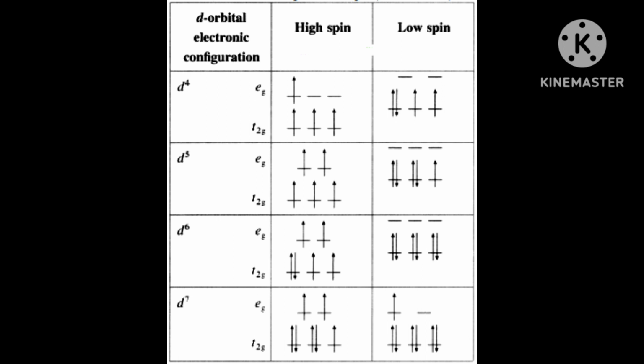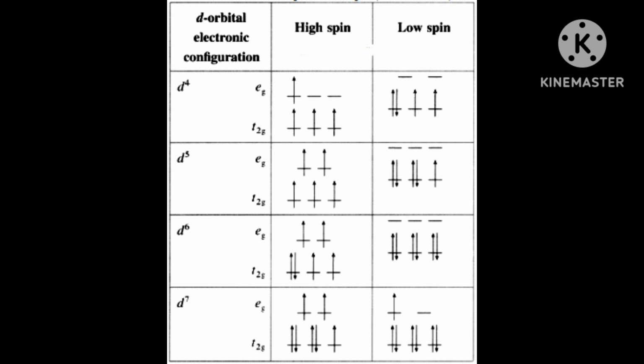And the last 3 orbitals out of 5, dxy, dyz and dxz, which are directed between the axes, will be lowered in energy relative to the average.